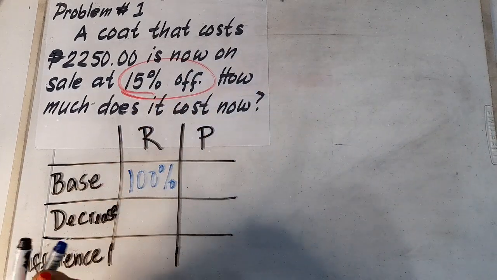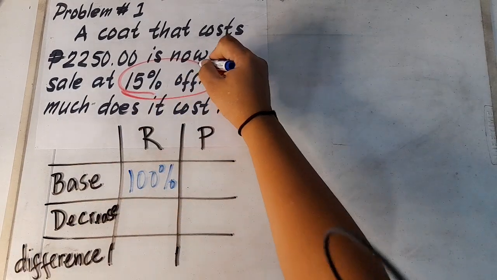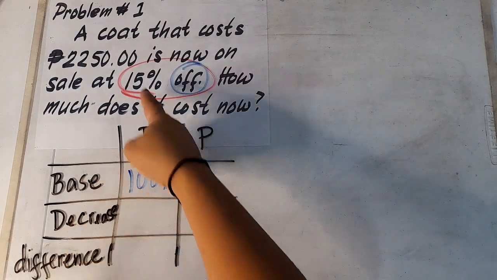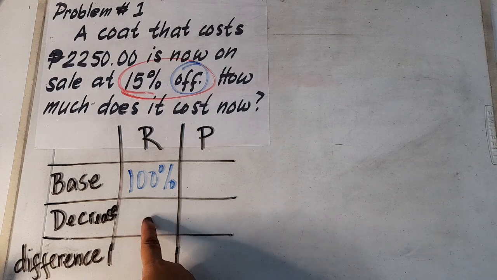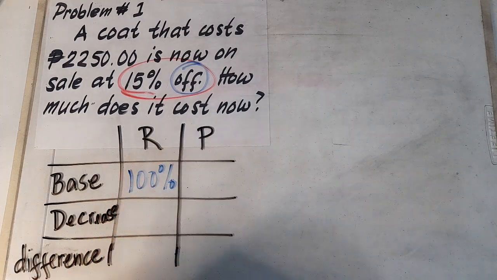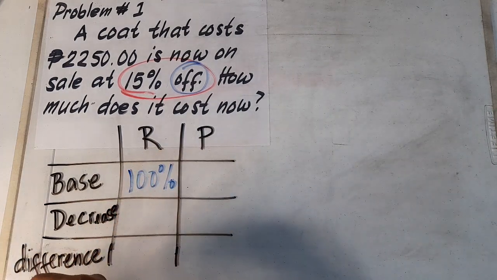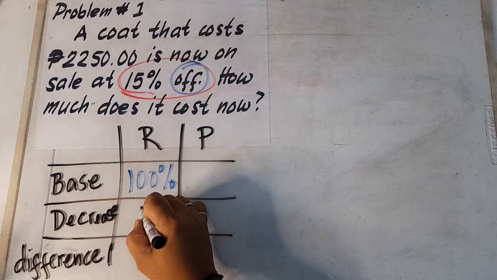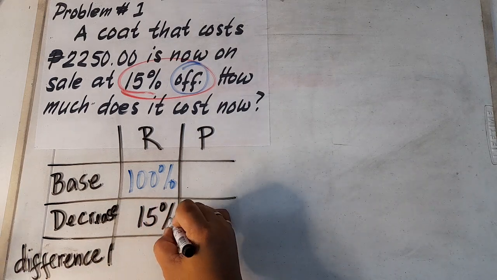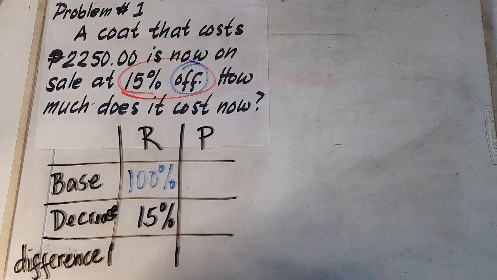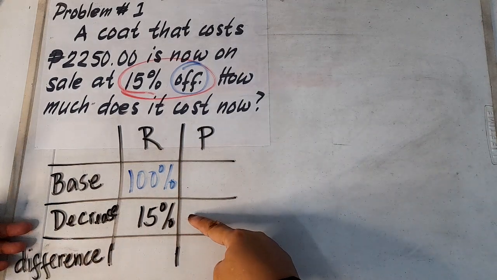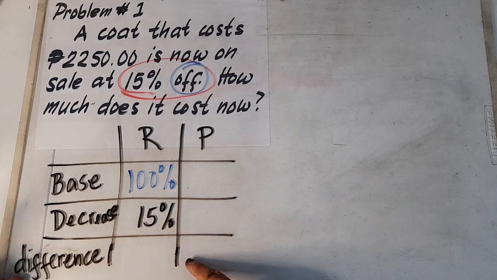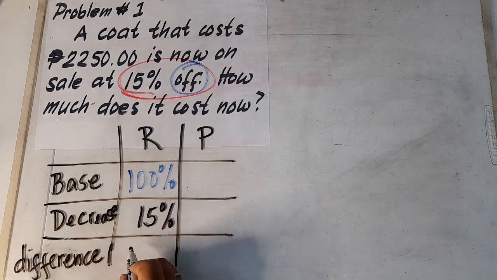So, dahil meron tayong clue word na off, so yung 15% niyan will go dito dun sa decrease rate. Decrease rate. So, ilalagay natin dyan 15. Okay? 15%. Okay. Now, since 100% ang base, ang decrease natin ay 15%, yung difference niyan will be 85%.